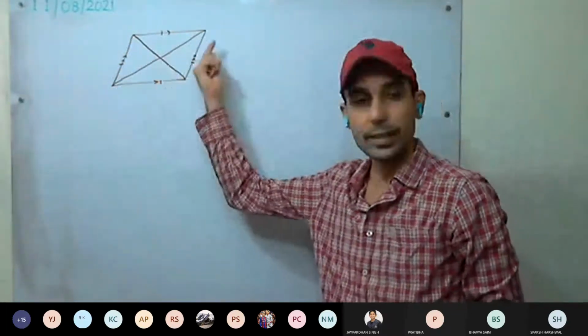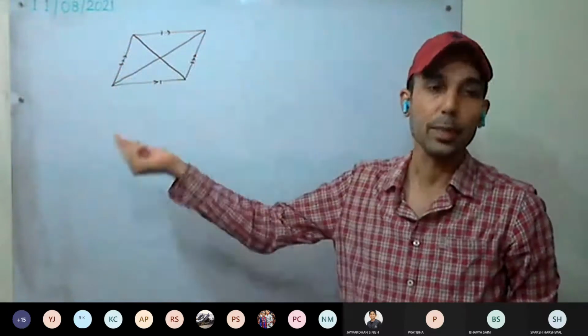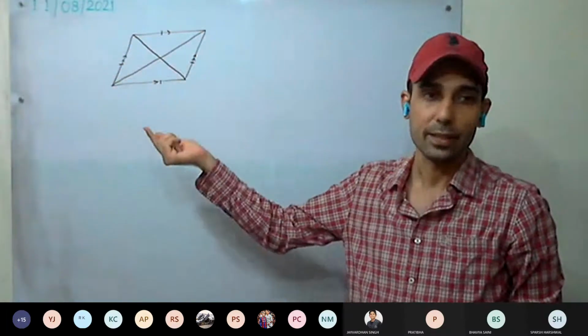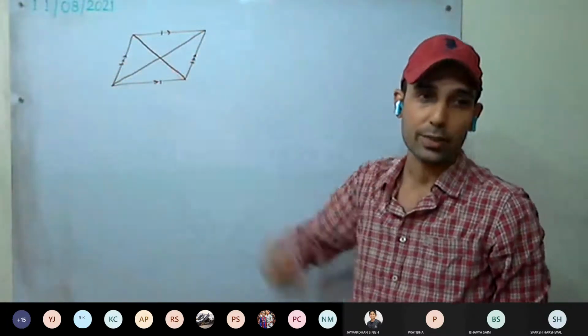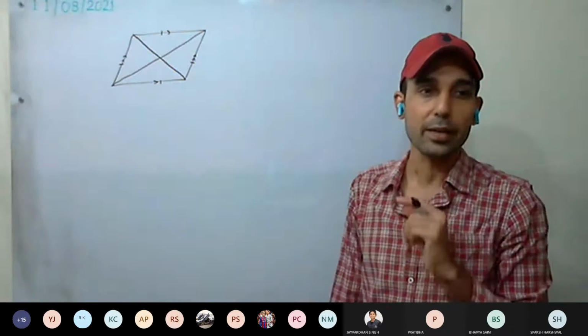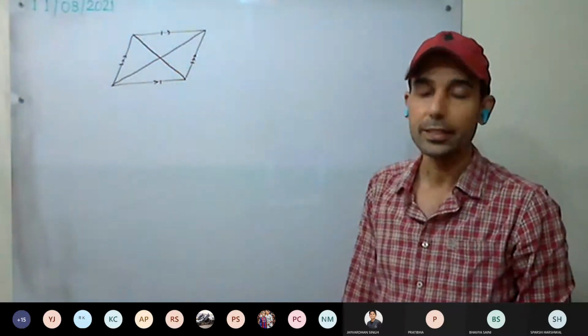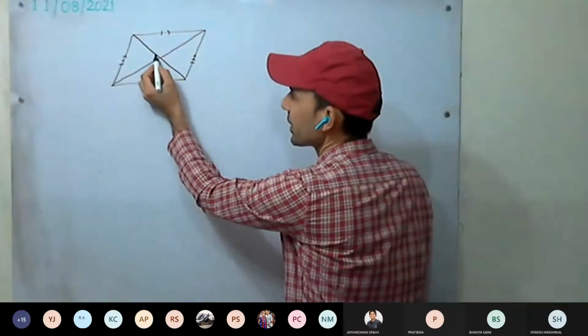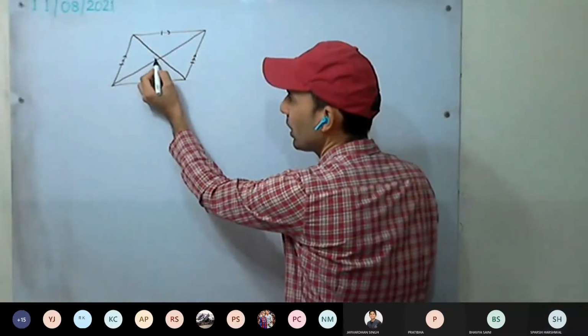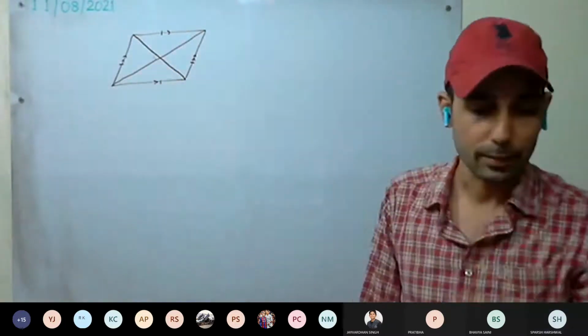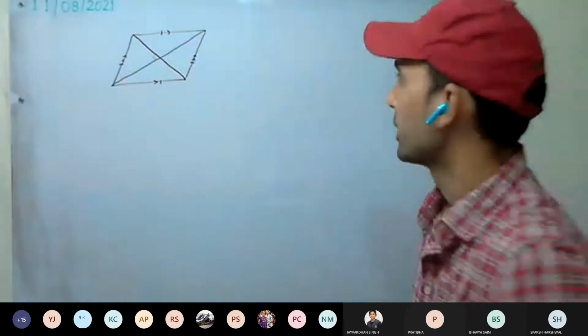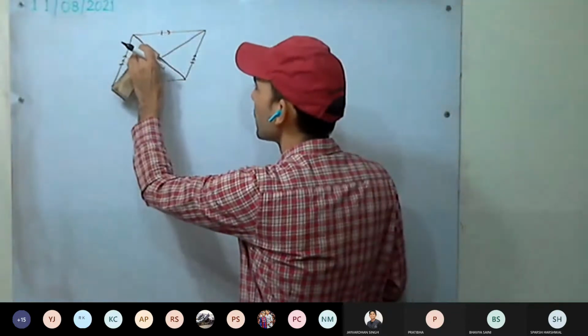And diagonals bisect each other as well, same as parallelogram and rectangle. But only in a square and rhombus, they meet at 90 degrees. These are the properties of rhombus.